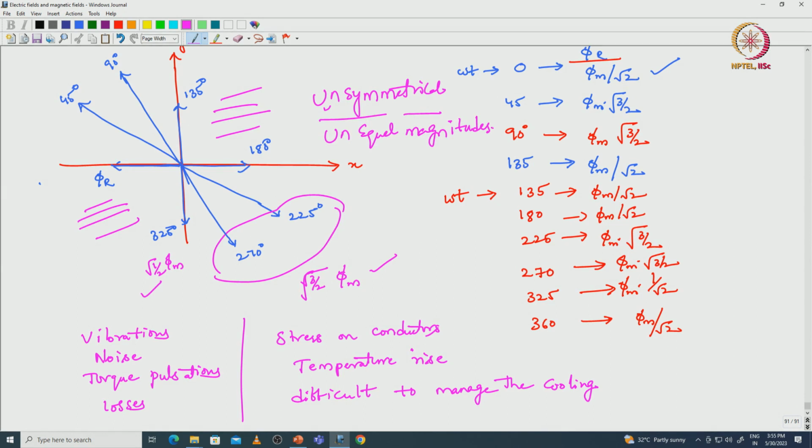To avoid this kind of situation, the windings or coils should be displaced symmetrically in the mechanical aspect and the electrical aspect also.